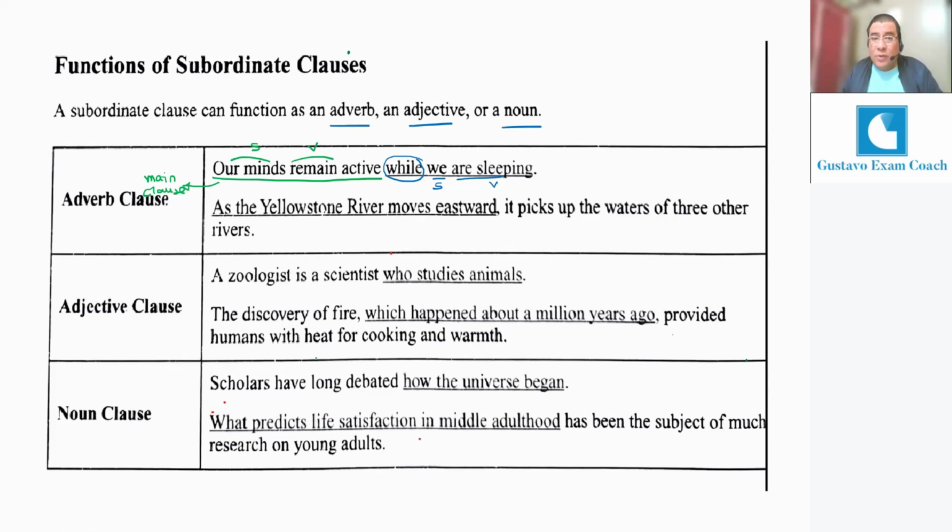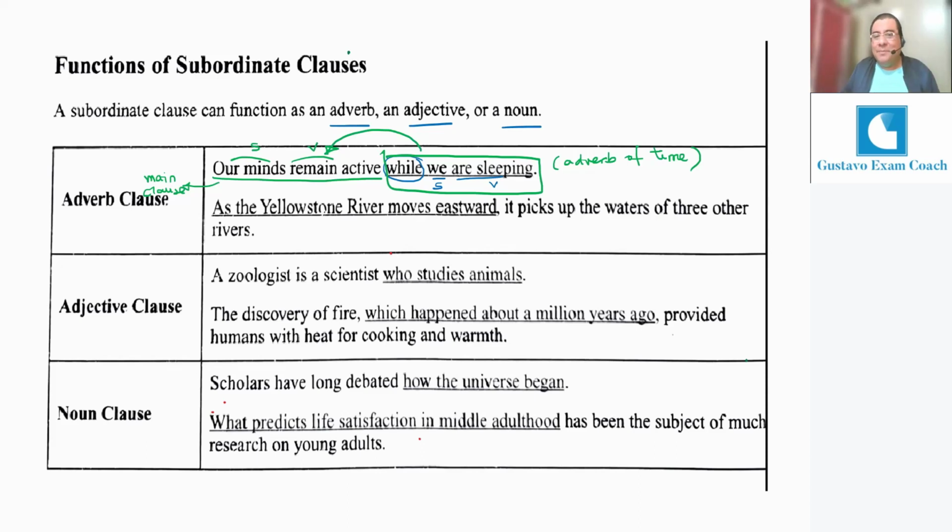So this structure here is working as an adverb of time. It is not an adverb because it is a lot of words. It's a clause. But the function of this group of words, of this subordinate clause, is like an adverb of time for the verb "remain." It's modifying the word "remain," so it's working like an adverb.